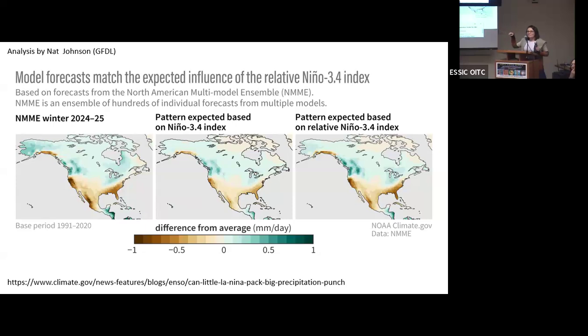Now, the subtle argument here is that it's in the model world, where you can tease out the signals from the noise better. Observations will tell a different story, and we know that, because there's a lot more noise when you look at the forecast relative to the observations. So it won't be as clean when we go back and look at this, and Nat has a plan to do this in our blog. But it gives you an idea of how these offsets may actually be impacting our assessments of the teleconnections.